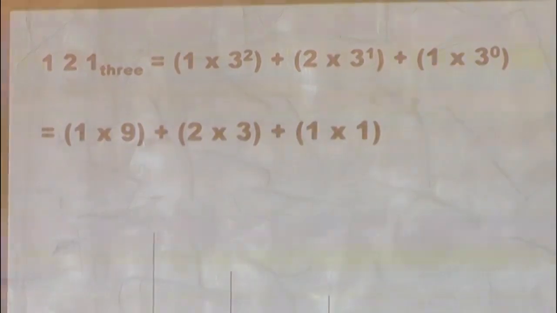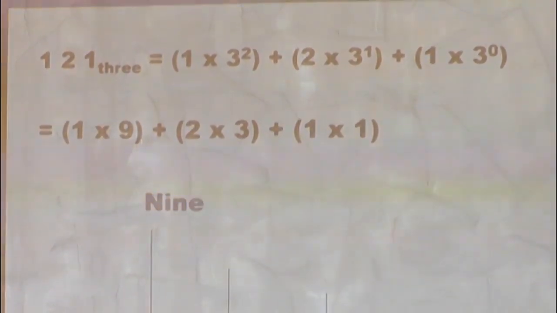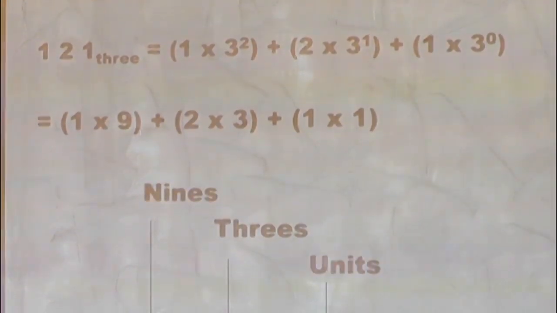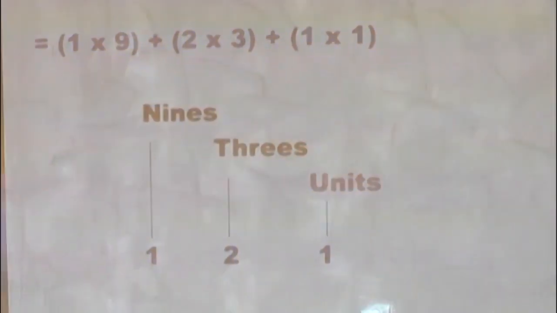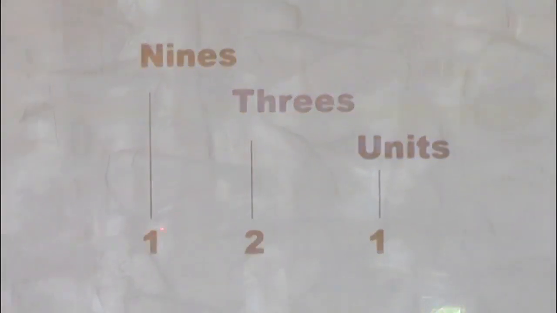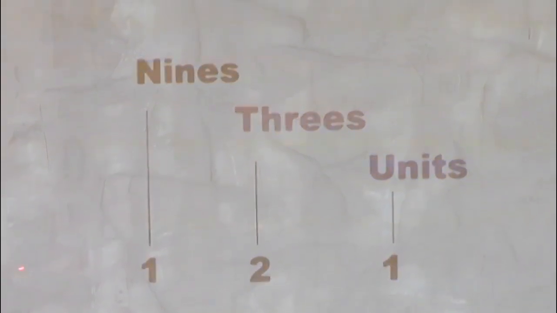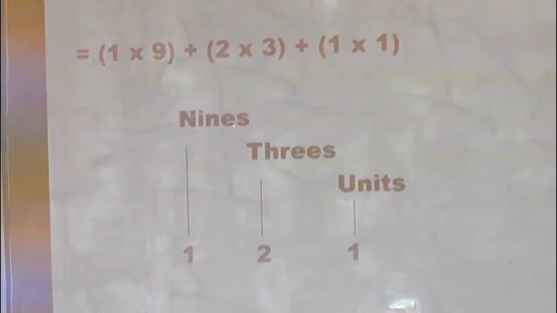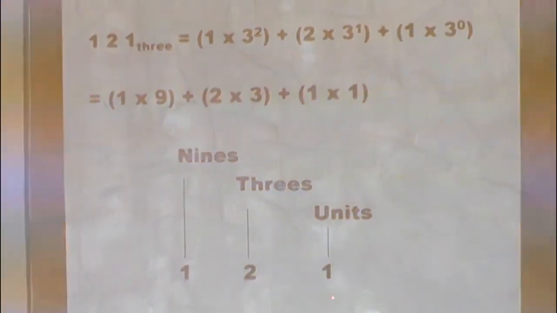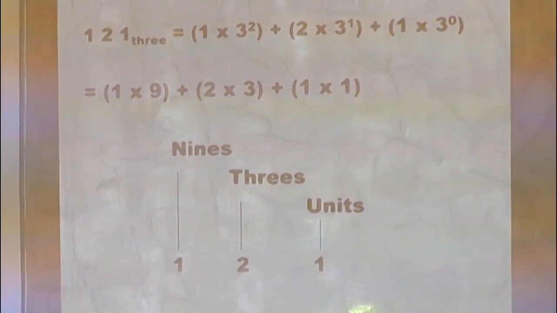So this has also given us the place value and the exact meaning of these digits. So we can also say this is 1 9s, as we had 2,000 earlier. It is possible to have the place value of this: 1 9s, 2 3s, and 1 unit.